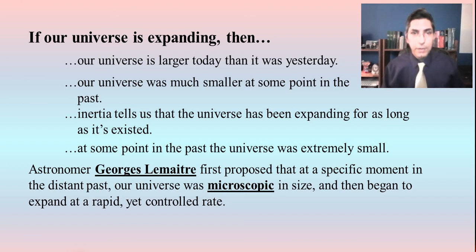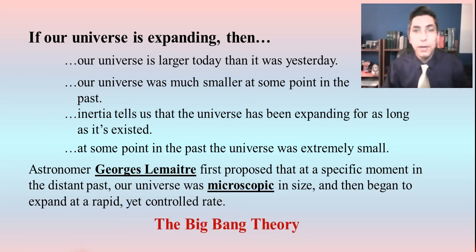And then it began to expand at a very rapid, a very fast, yet a very controlled rate. And this explanation for why our universe is redshifting in the way it is came to be called the Big Bang Theory. Now, it is currently believed that the universe is between 11 and 14 billion years old. Most scientists would say it's right around 13.8 billion years old.